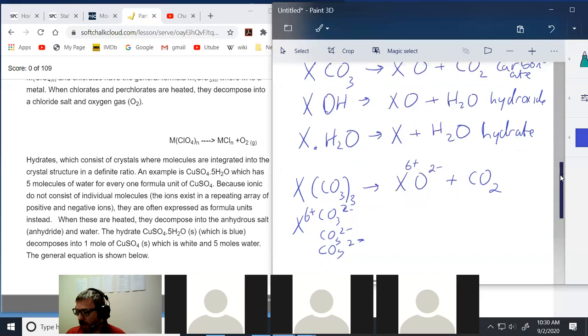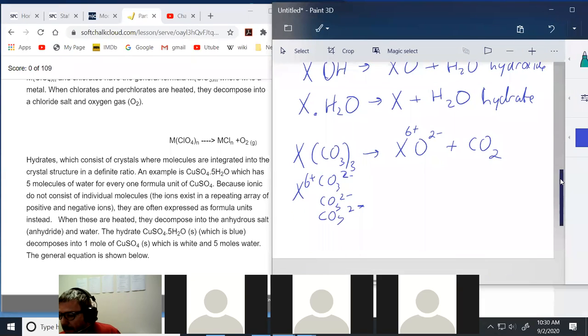I'll put this down here a bit. There we go. That's better. So we'll have XCO3 3 gives XO3. Again, it's the number of oxygens needed to balance out that X, plus CO2.